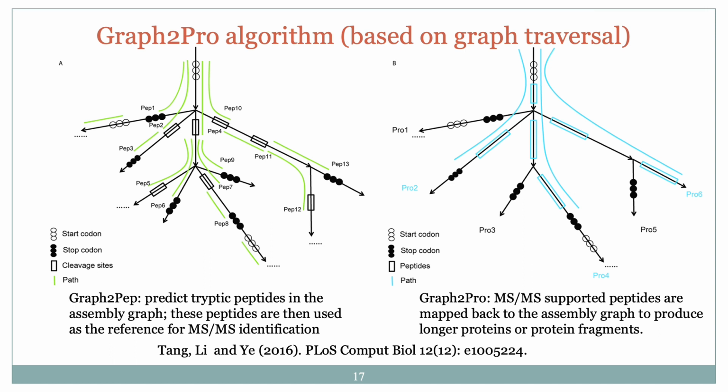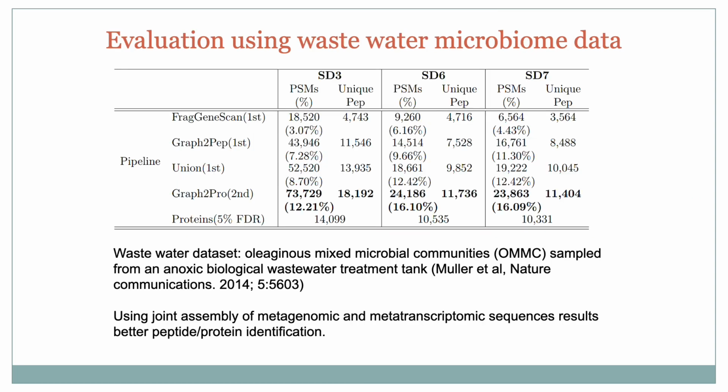We do spectrum matching so that we can identify the likely peptides behind the spectra. Once the peptides are identified, we can map them back to the assembly graph and extend them. Hopefully we can get bigger fragments or even full-length proteins.